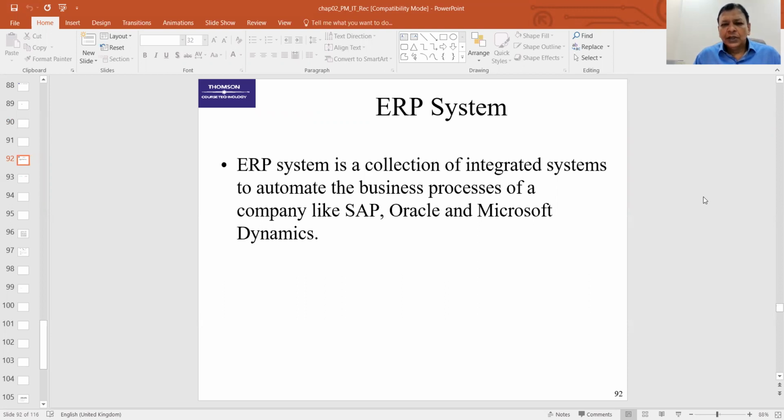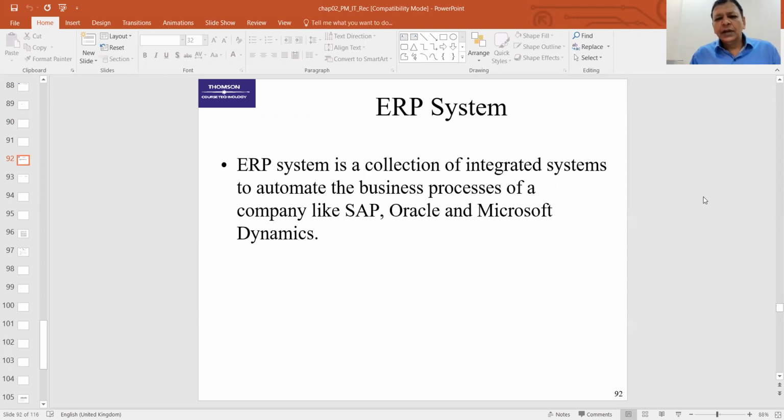So long before, they had the vision of enterprise resource planning and integrated systems, which is now the requirement of distributed systems, and all companies want to have an ERP system. Number one is SAP. Number two is Oracle in the commercial market. And number three is Microsoft Dynamics, because Microsoft entered the ERP market late.